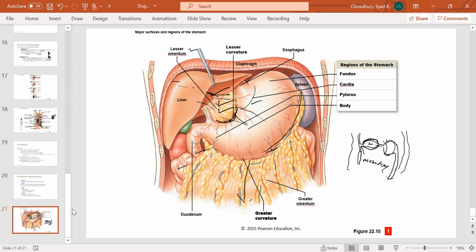This end is free, so it's like a tablecloth or bed sheet that drapes down from the tabletop, the hanging part, right? So this hanging part is called the greater omentum.